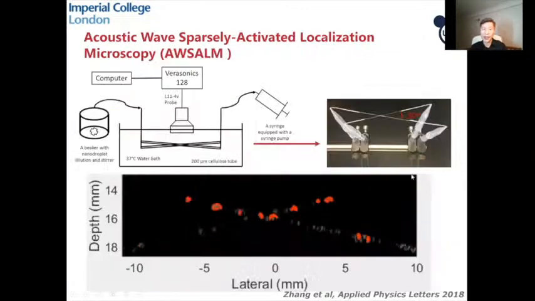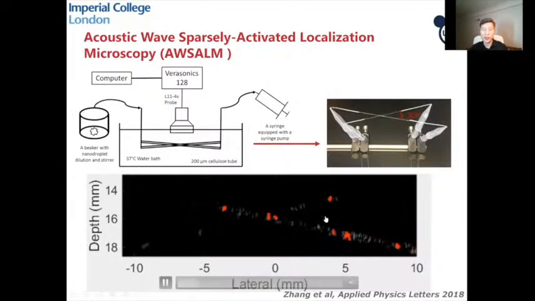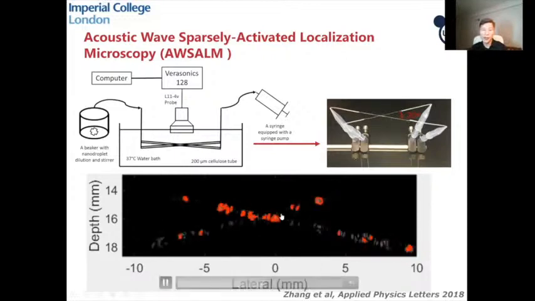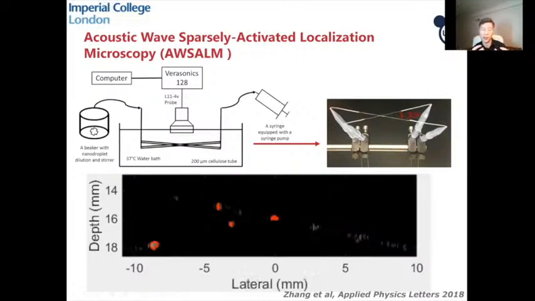So we actually have tried to use this to turn on and off these nano droplets to do super resolution. This is our cross tube phantom, and every time we have a flash, that is another group of these droplets being turned on and off.